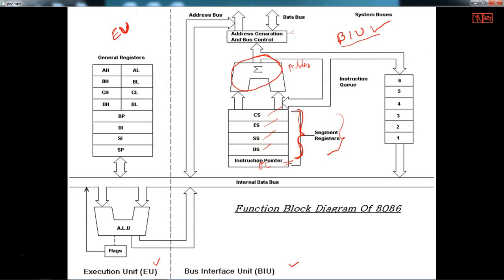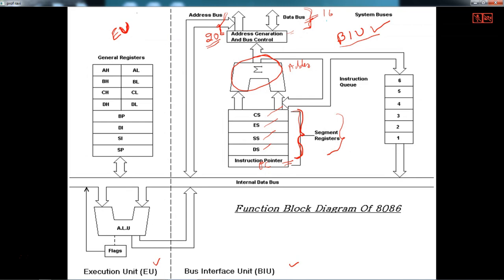Here you have an address bus, and here you have a data bus. In the last class I clearly gave you these things. In 8086 you have 20 address lines and 16 data lines.